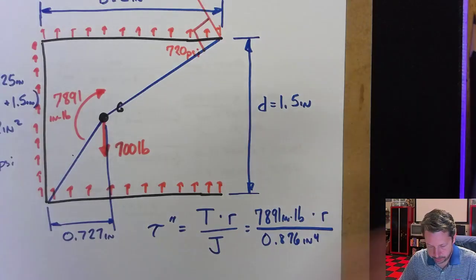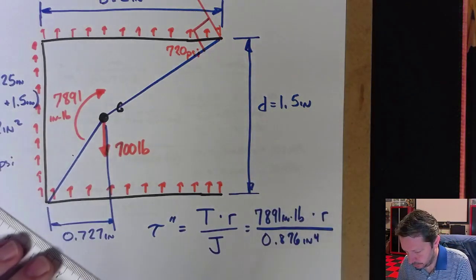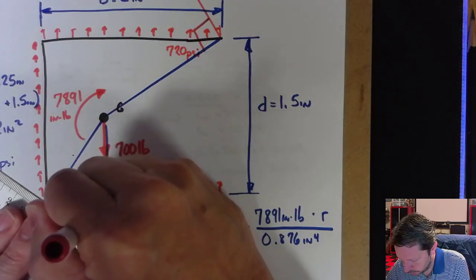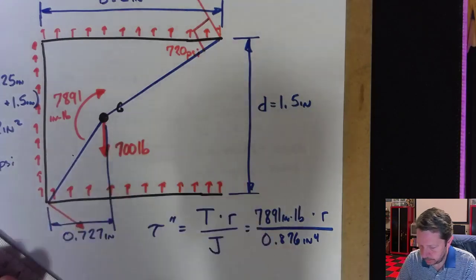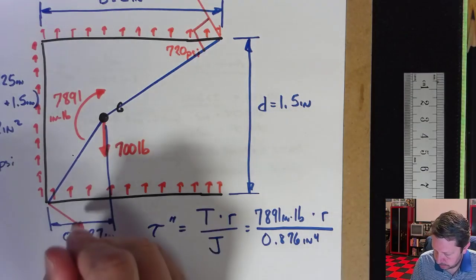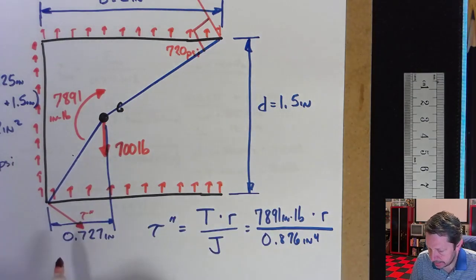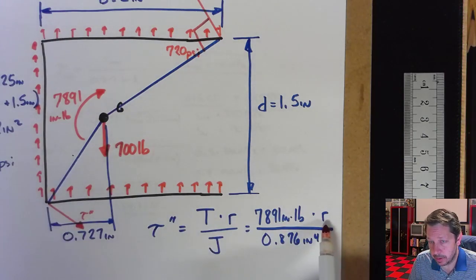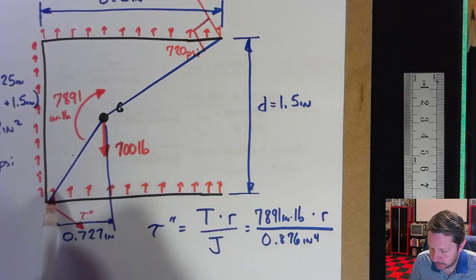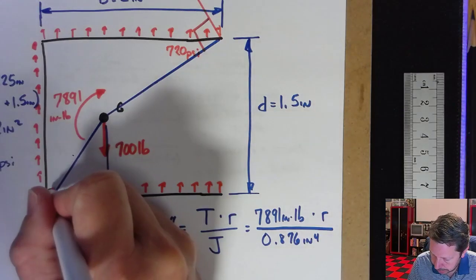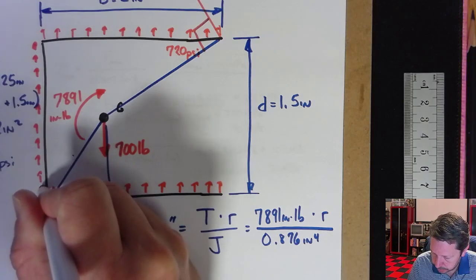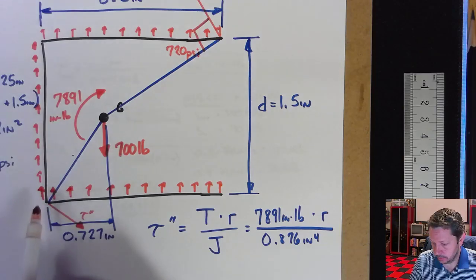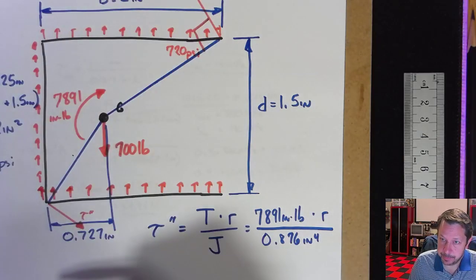Also, this number coming off of here is a smaller magnitude just because there's a smaller number R, but it is competing with this. They don't add together. So remember, this is our primary shear pointing upwards.